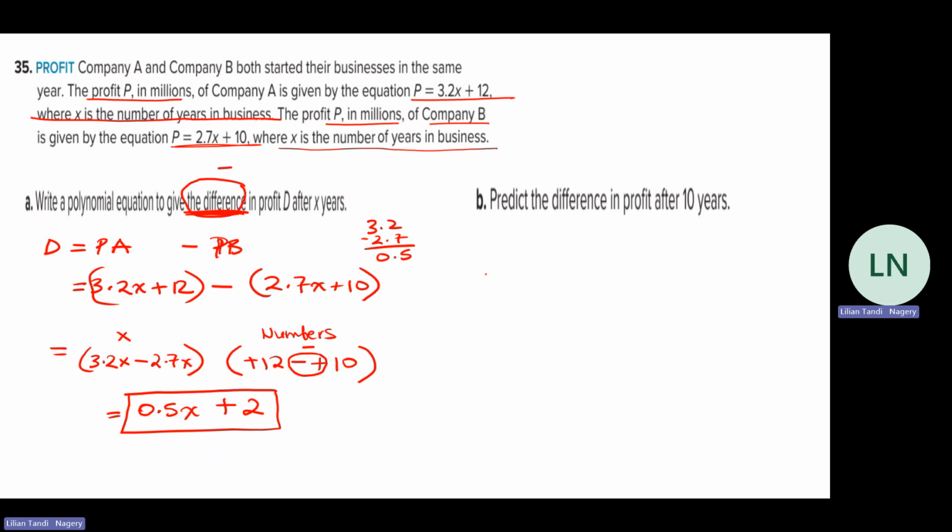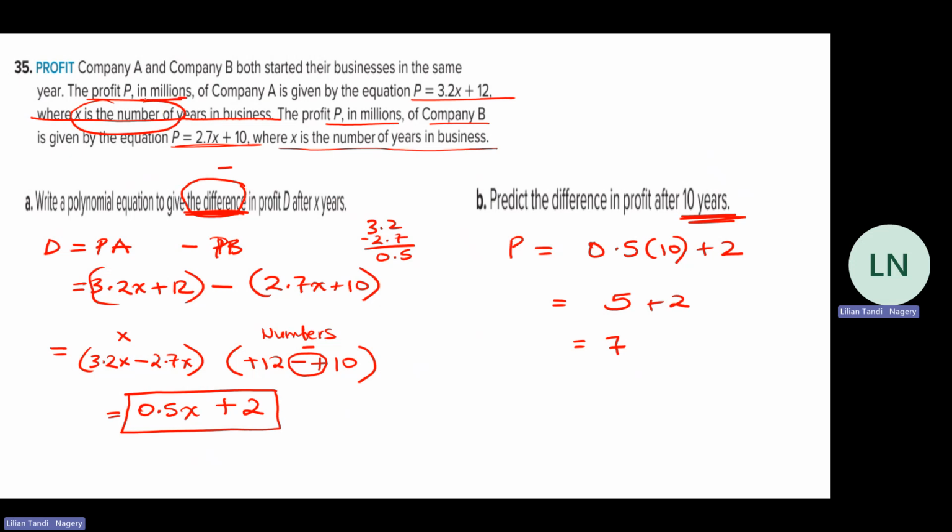Okay, now predict the difference of profit after 10 years. 10 years, x is the number of years. So I am going to do profit equals 0.5 times 10 plus 2. That will be 5 plus 2, which will be 7.